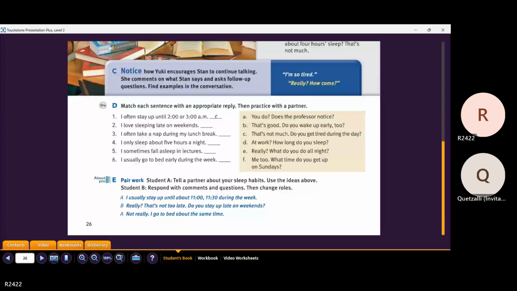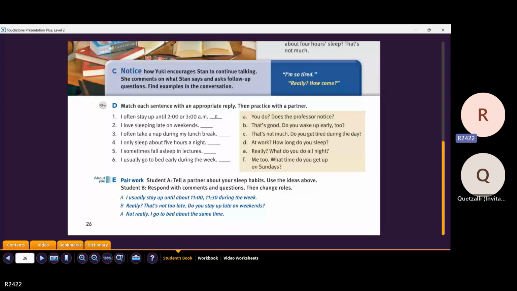Done, teacher. Okay, so what's the answer by number two? I love sleeping late on weekends. Letter F. Me too. What time do you get up on Sundays? Number three.